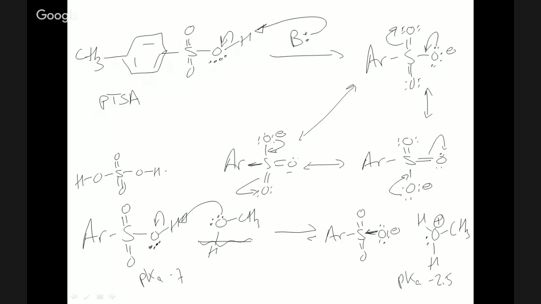Okay. Look at the Fischer esterification. So sulfonic acids will donate a proton very readily to almost any oxygen. And let's look at a couple equilibrium problems to reinforce this a little bit. Use our para-toluene sulfonic acid.